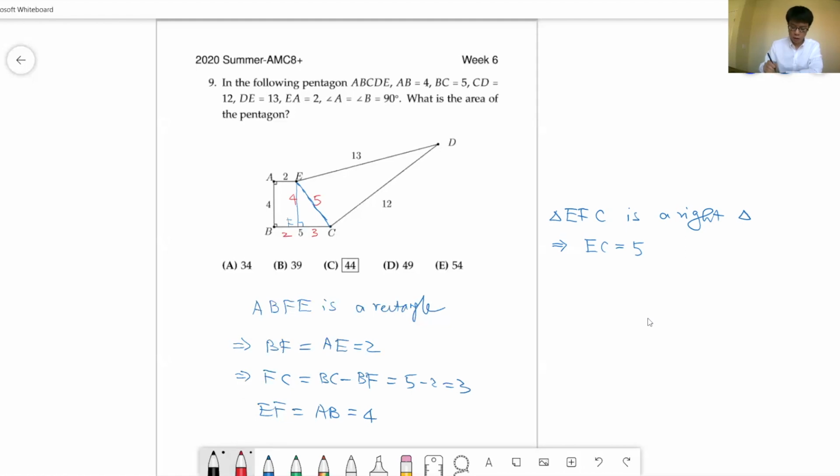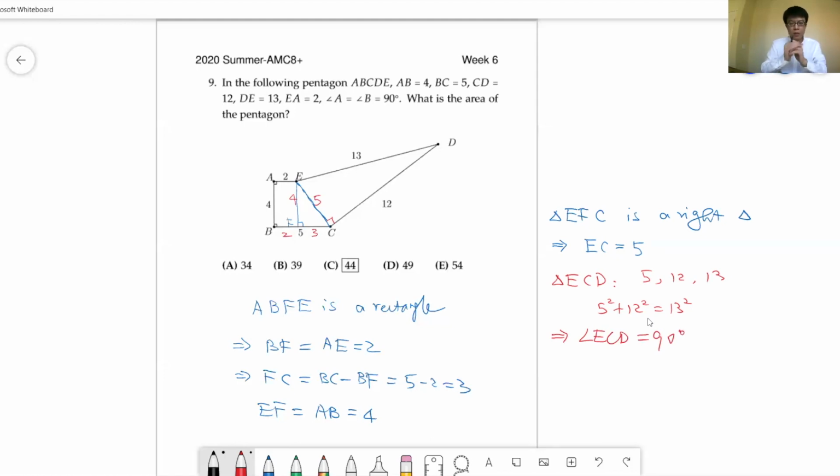And then we consider triangle ECD. This triangle has side lengths 5, 12, 13. We know 5 squared plus 12 squared equals 13 squared, so this is a Pythagorean triple. And we can conclude that angle ECD is a right angle, 90 degrees.